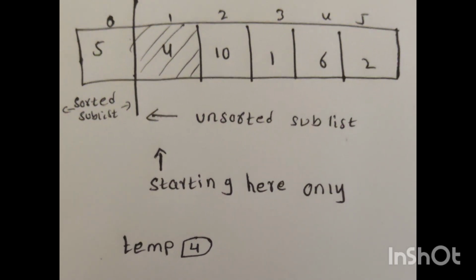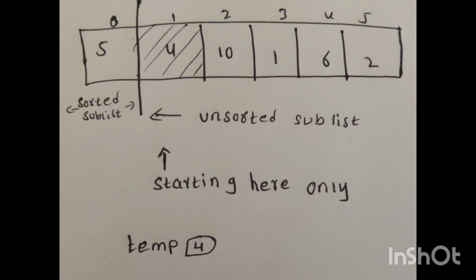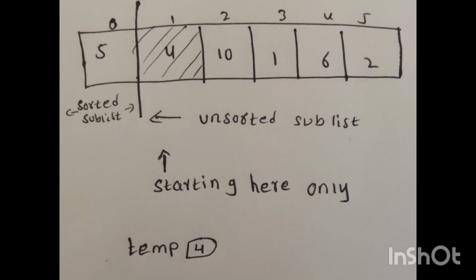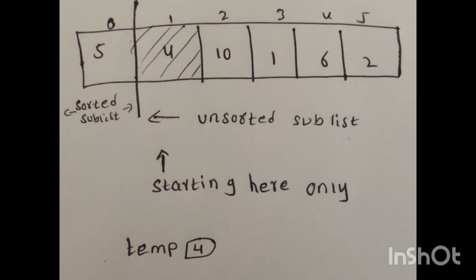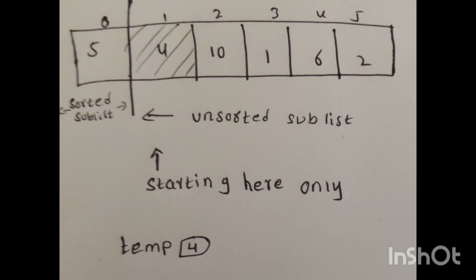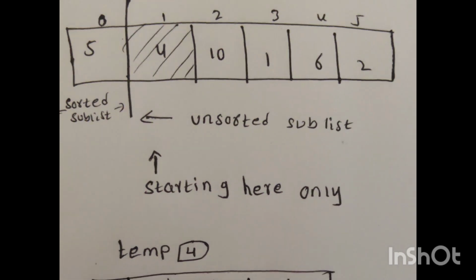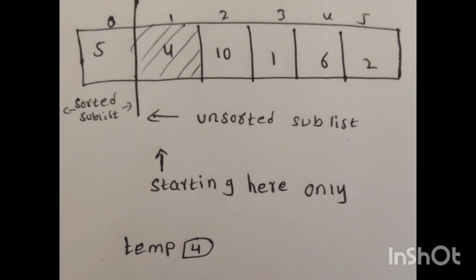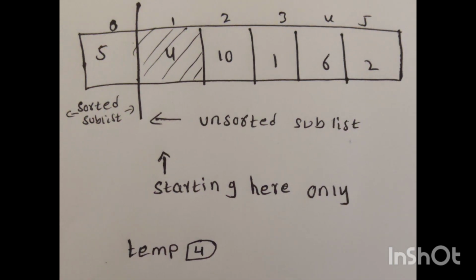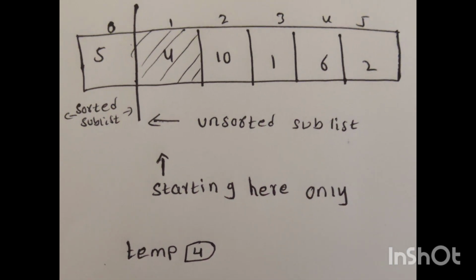Now this is considered as a hole. Actually we have copied this value, so we can overwrite this 4 in this array now, because we have a backup of this value. In future if we need this value, then we can use this temp variable. So this is considered as a hole now. Fine, free space you can say. You can overwrite this space.